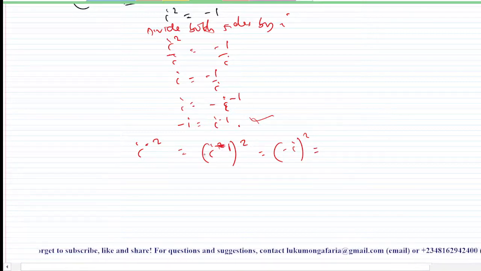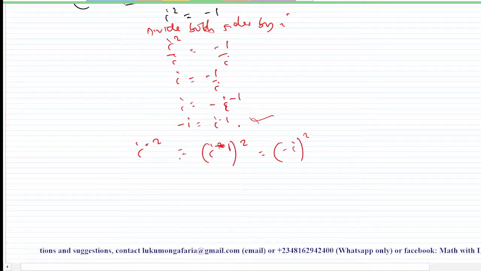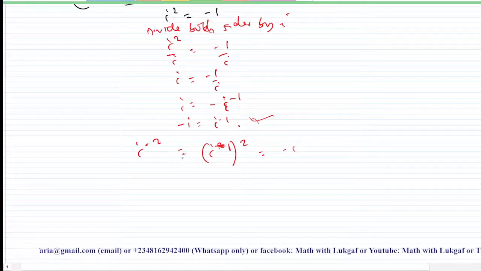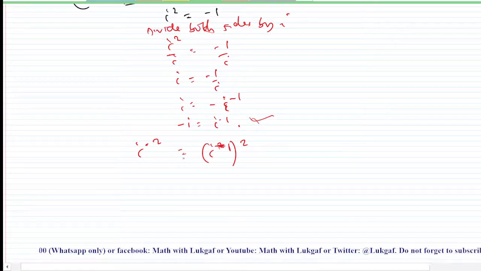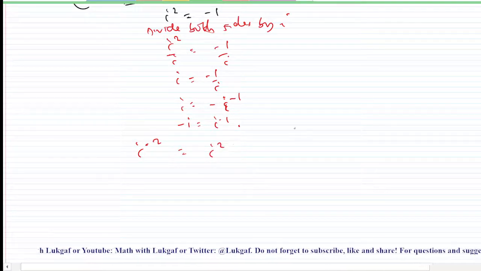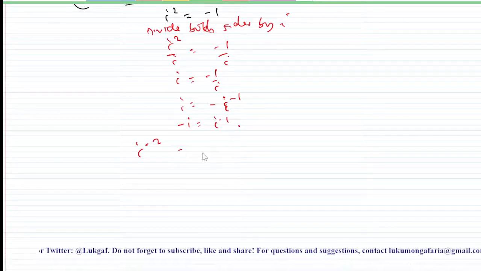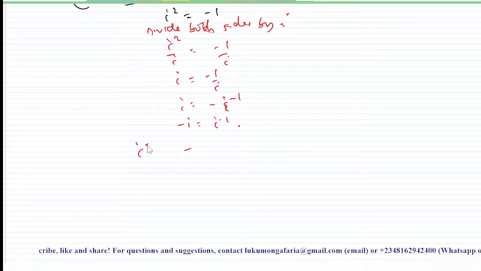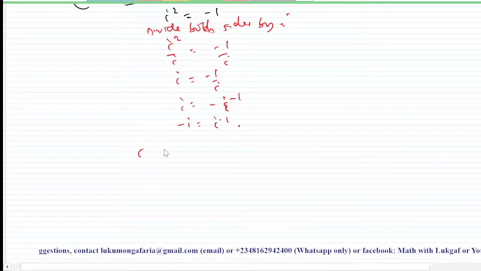Or let me say, in order not to stress ourselves, let me just clean this. So if I have i raised to minus 2, then I can simply say it is the same thing as i squared, raised to minus 1.